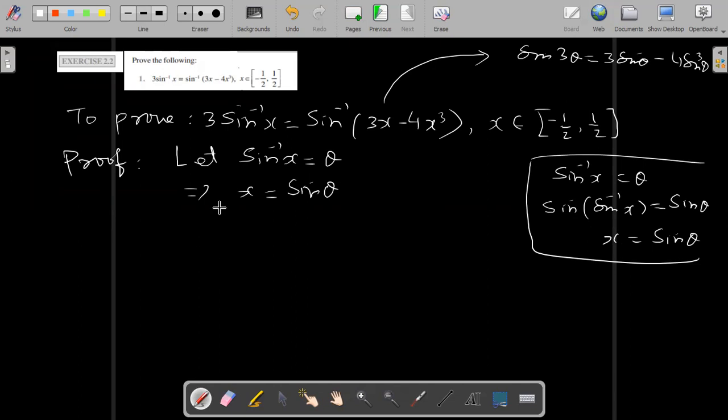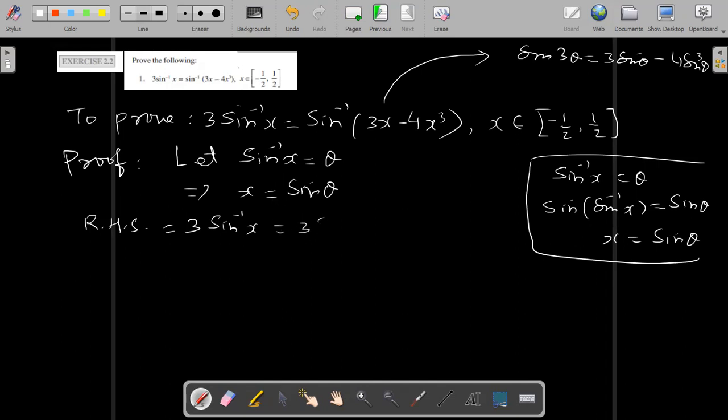So now we have to prove the left hand side and right hand side equal. Our left hand side is 3 sine inverse x. Substitute the value of x here.